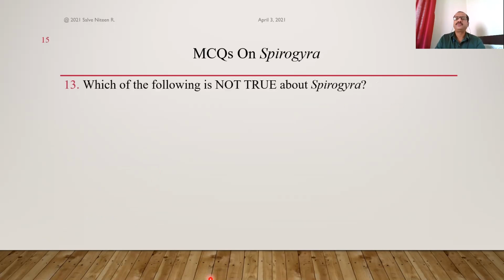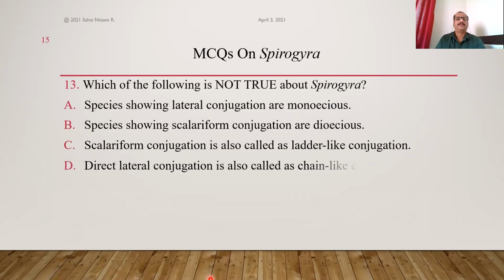Next one. Which of the following is not true about Spirogyra? Species showing lateral conjugation are monoecious. Monoecious means homothallic. When both the sex organs are present on a single thallus, then it is monoecious.